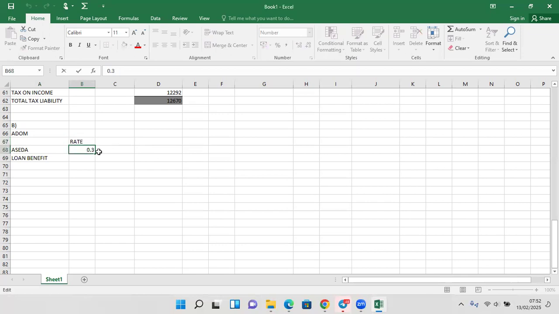The rate is going to be 0.3 minus her own, which is 0.08. So we subtract the statutory rate from the lending rate.